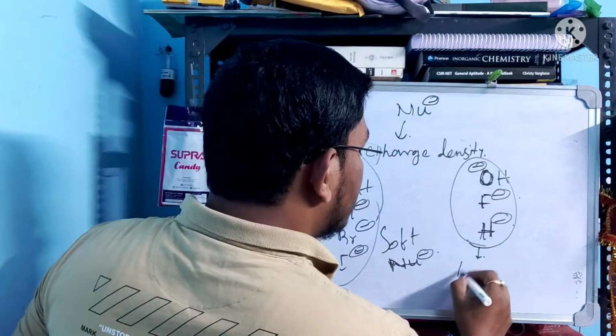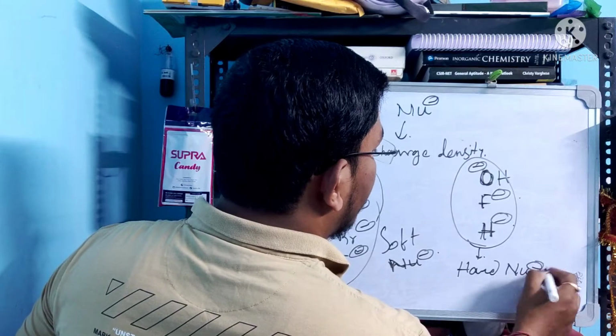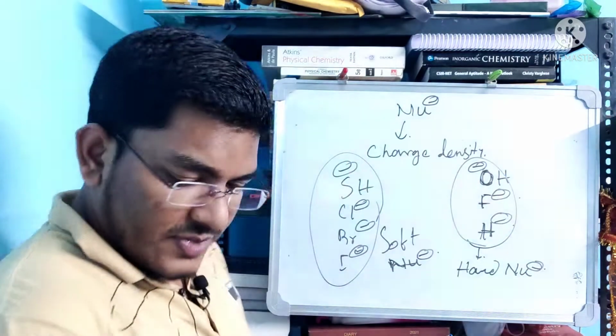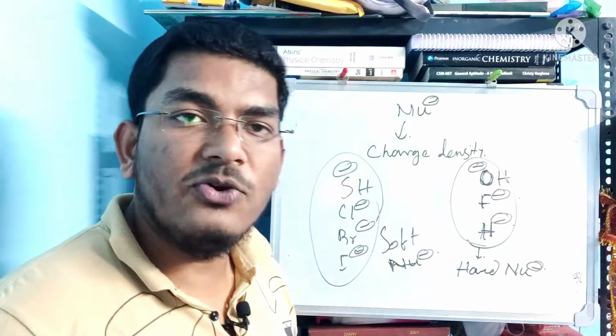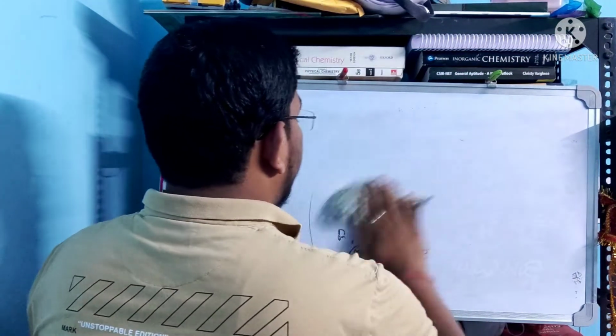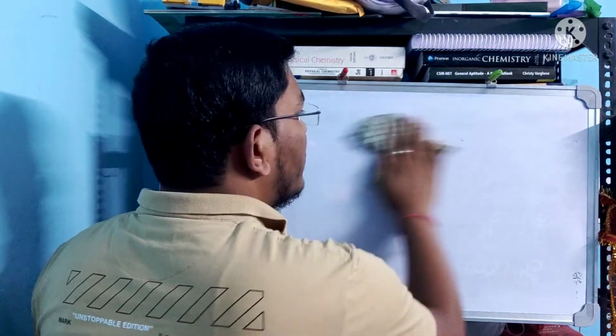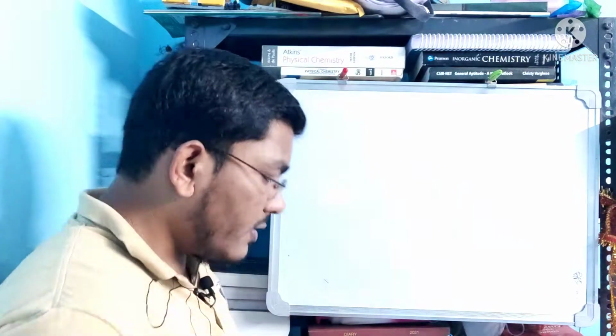Charge density will be very high, so it will be a hard nucleophile. Now we will solve problems and you will be able to understand within a few minutes when 1,2 attack will happen and when 1,4 attack will take place.